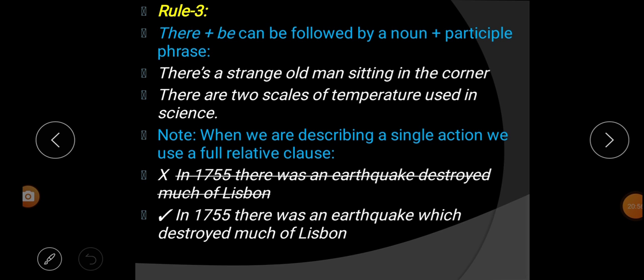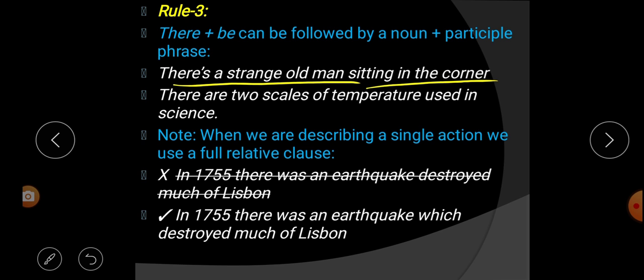Let us learn rule number 3. There plus be can be followed by a noun plus participle phrase. That means introductory there plus a be form can be followed by a noun plus participle phrase. So let us go through some examples.